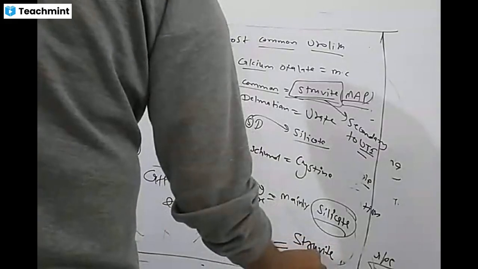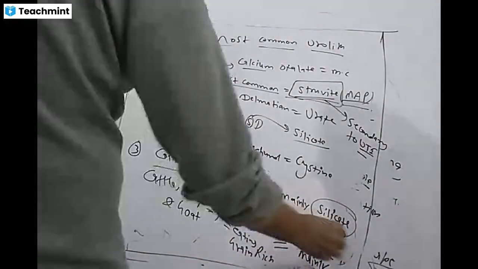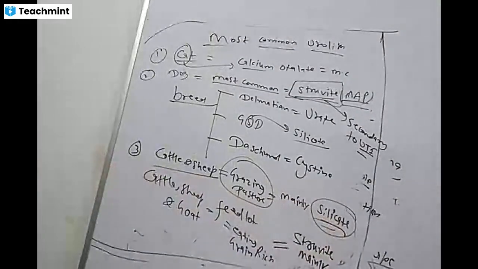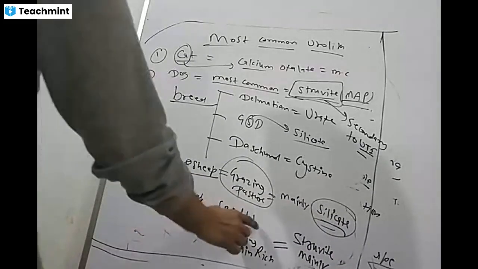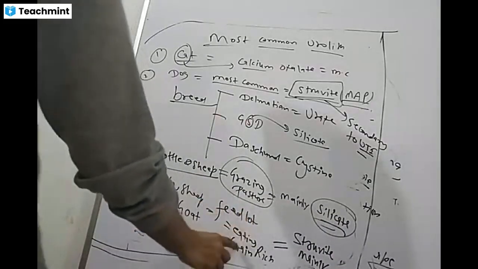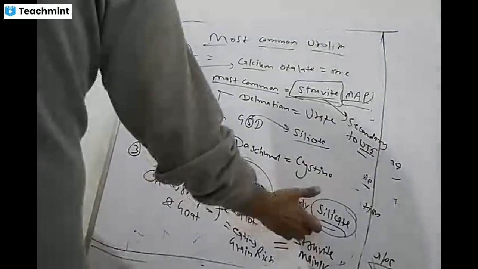So if they are on grazing pasture, the answer will be silicate urolith. And if these cattle, sheep, goat are mainly feed lot, you are giving them a grain-rich diet, then struvite mainly.